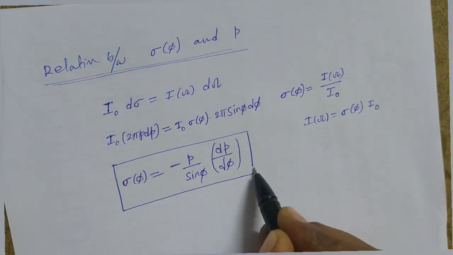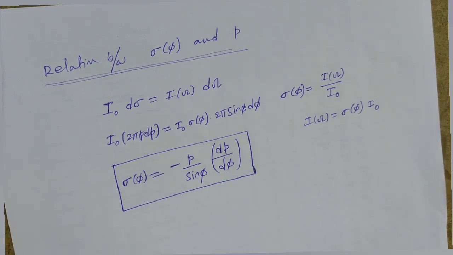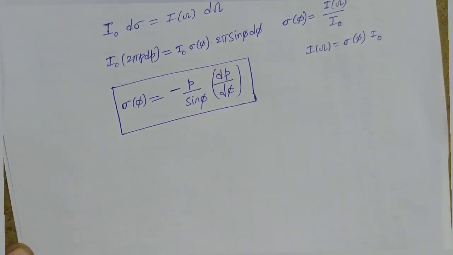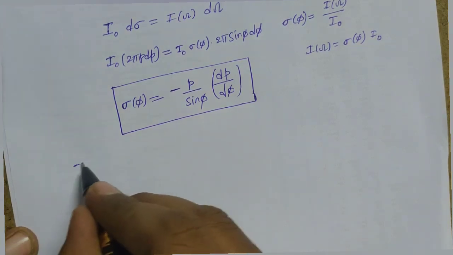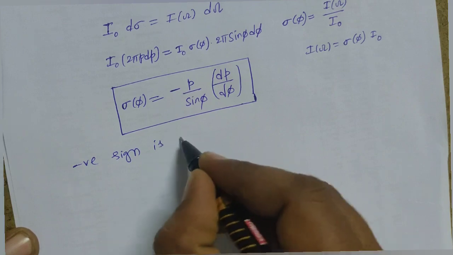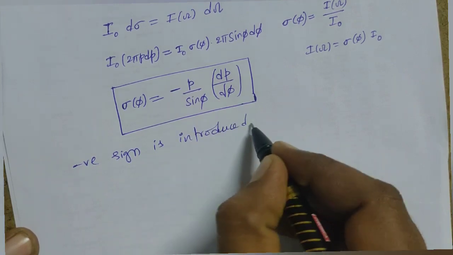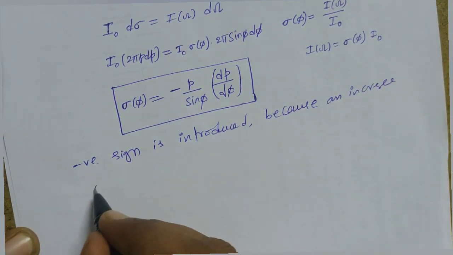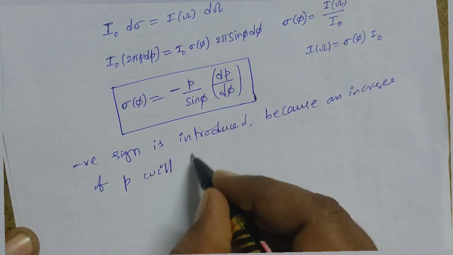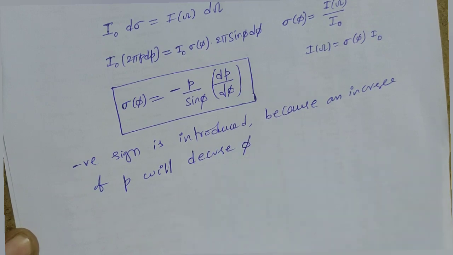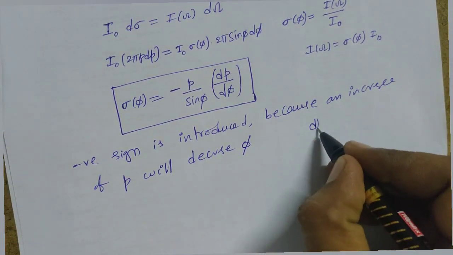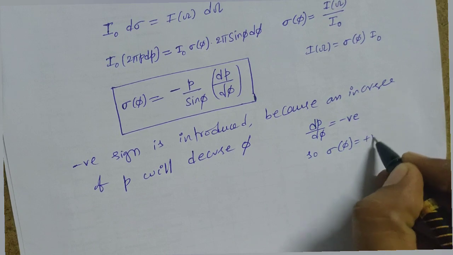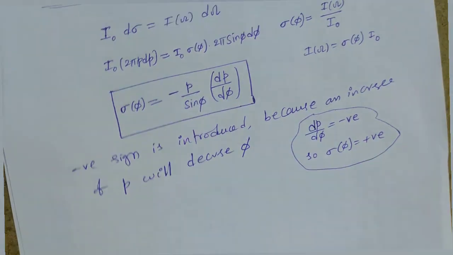The negative sign indicates that the impact parameter p will decrease with φ. The negative sign is introduced because an increase of p will decrease φ, so dp by dφ will come out negative. Since σ(φ) is positive, and area cannot be negative, that's why we are putting that negative sign here.